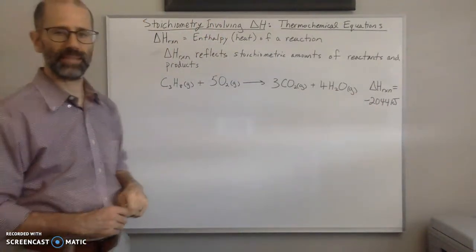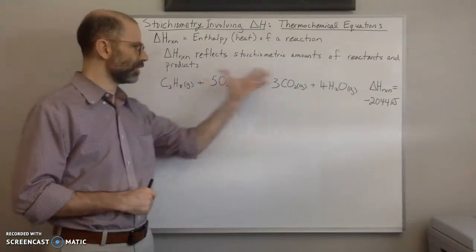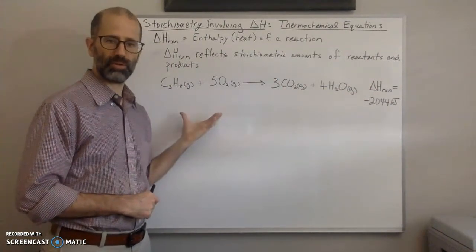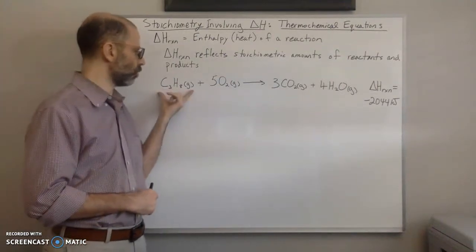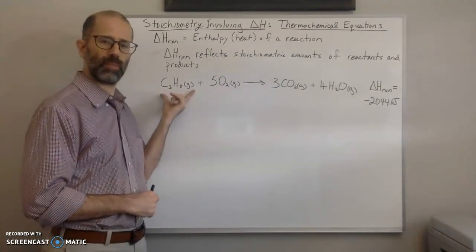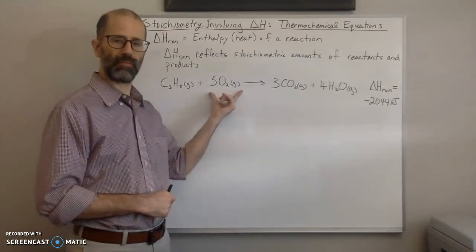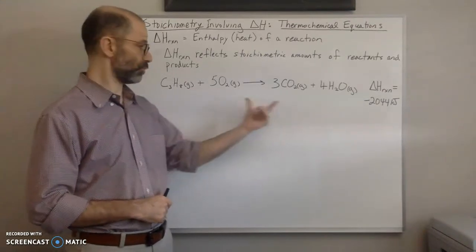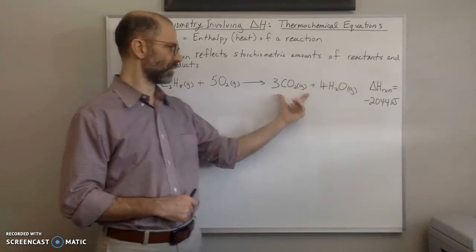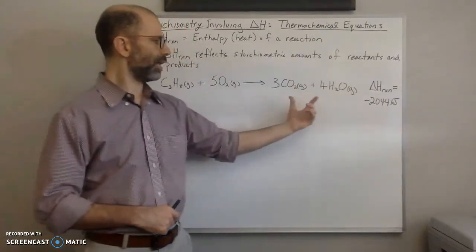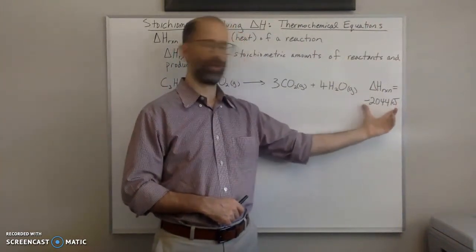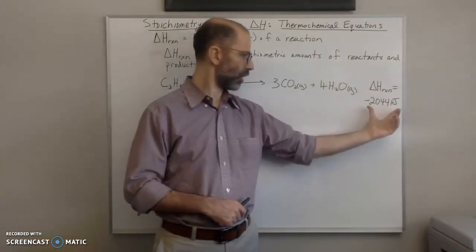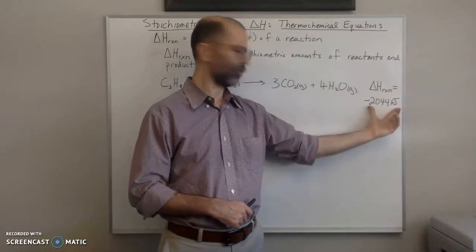And what that means is that given these stoichiometric amounts, if we have 1 mole of propane reacting with 5 moles of oxygen to produce 3 moles of carbon dioxide and 4 moles of water, then this is going to produce this amount of energy, negative 2,044 kilojoules.